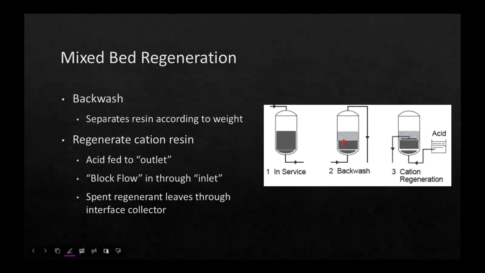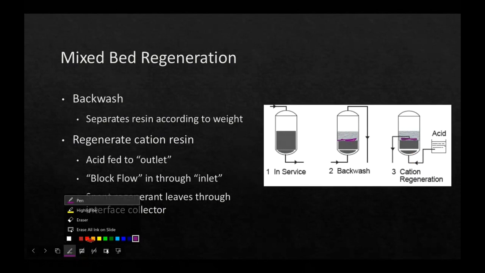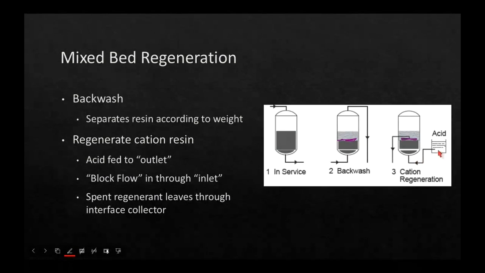So here's the wacky thing, is that interface between the two beads, lo and behold, there's actually a collector there, okay? It's called an interface collector. And so for regenerating the cation resin, I'm going to take some H2SO4, because it's cheap and plentiful, and I'm going to put the H2SO4 of a 2 to 8% solution through there.